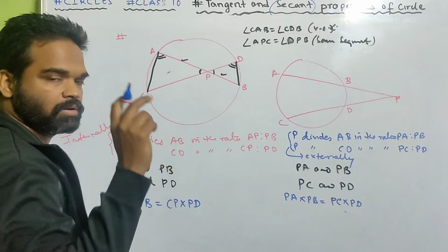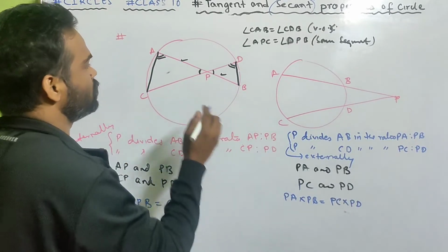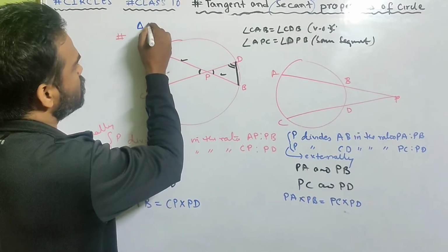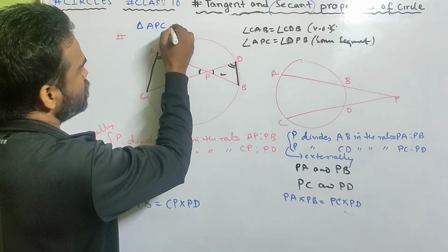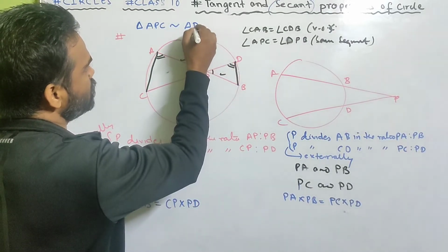So the corresponding sides are proportional to each other. See, I just proved that triangle APC is similar to triangle DPB.